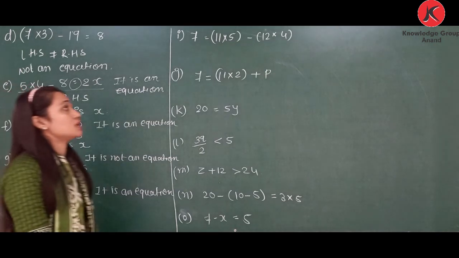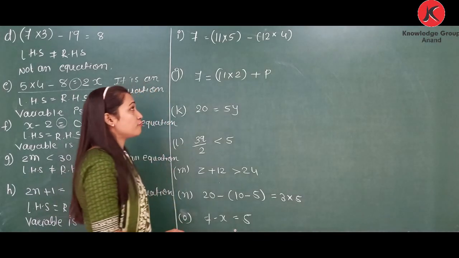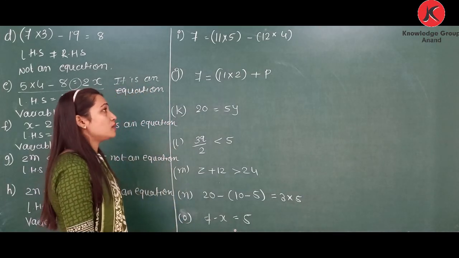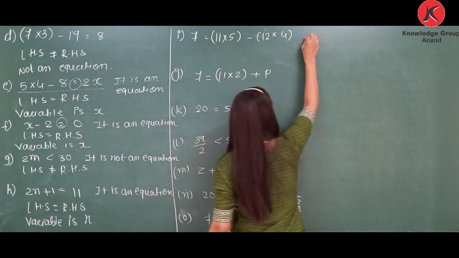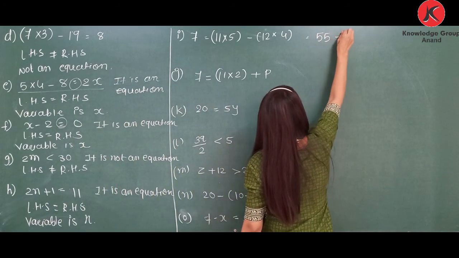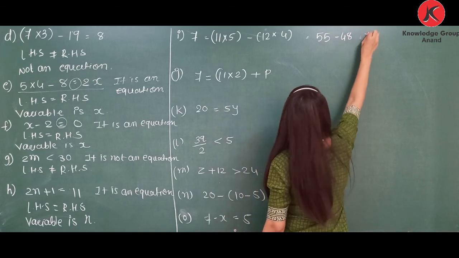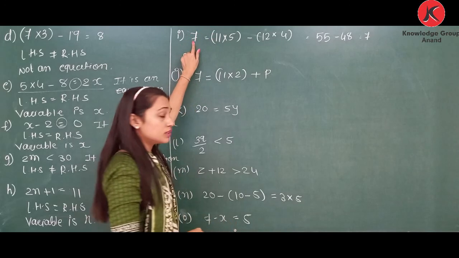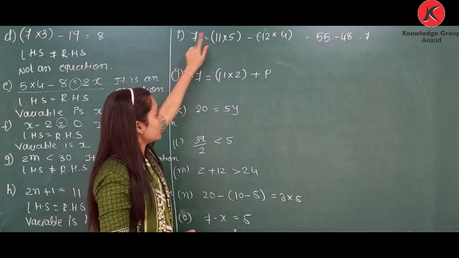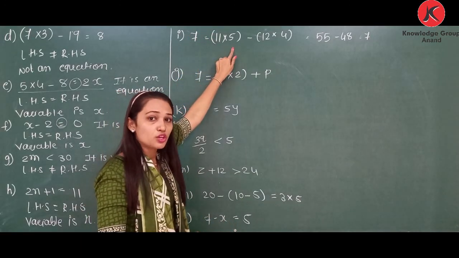Next one, 7 is equal to 11 multiplied by 5 minus 12 multiplied by 4. So 11 multiplied by 5 is 55 minus 48, so it is 7. So if we solve the right hand side, we get the left hand side. So 7 and this side is also 7, so it is a numerical equation.